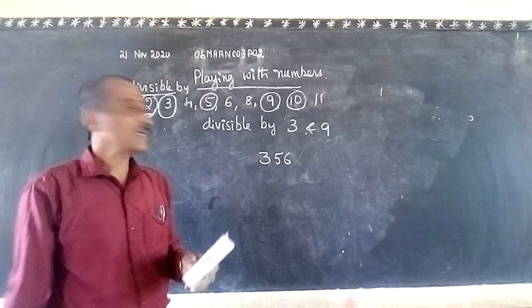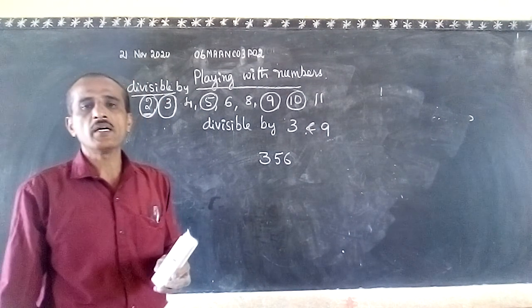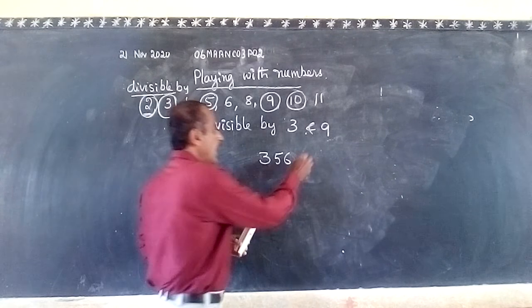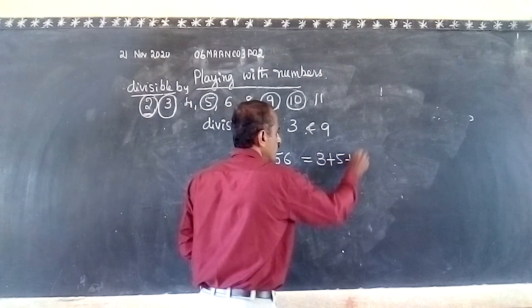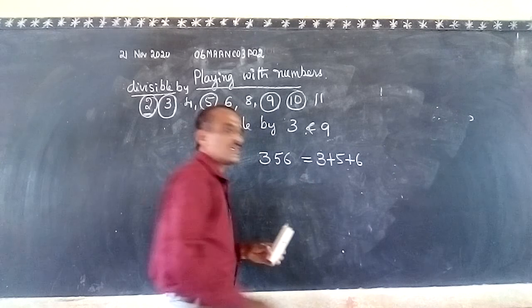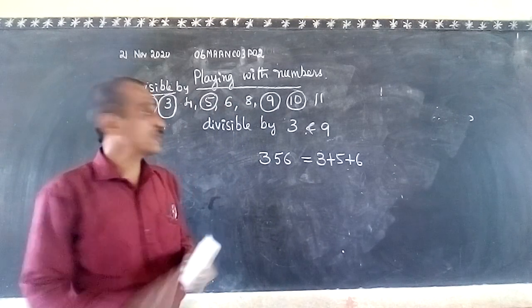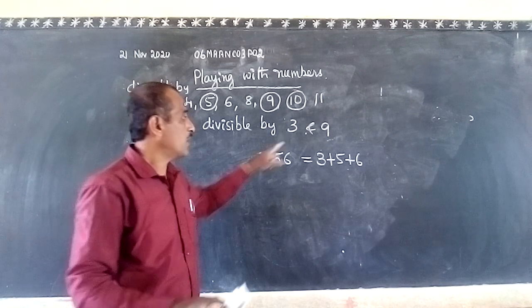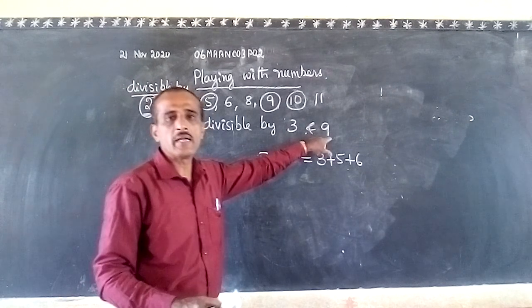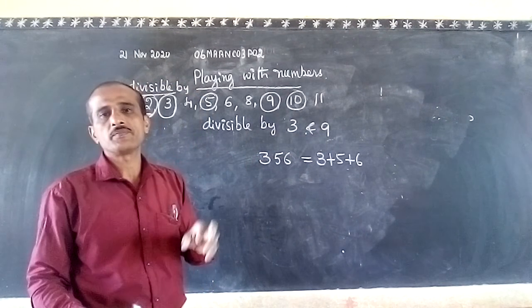Whether it is divisible by 3 or not, to check, what you have to do is add the digits 3 plus 5 plus 6. If the sum of the digits is divisible by 3, then that number is also divisible by 3. If the sum of the digits is divisible by 9, that number is divisible by 9.